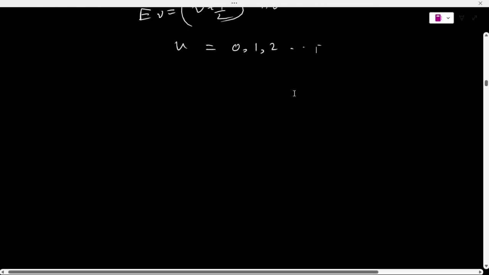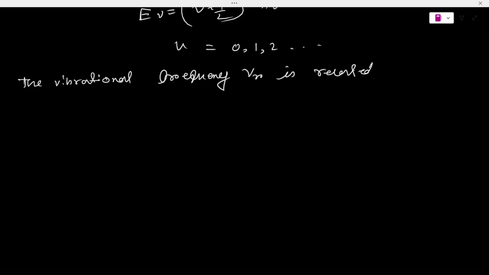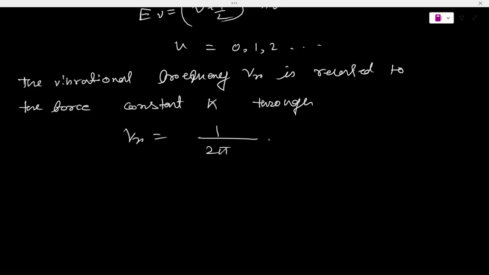So this is the vibrational frequency nu. The vibrational frequency nu is related to the force constant K through nu is equal to 1 divided by 2 pi root over K by mu, in hertz.